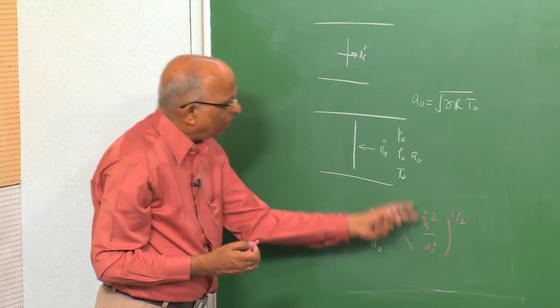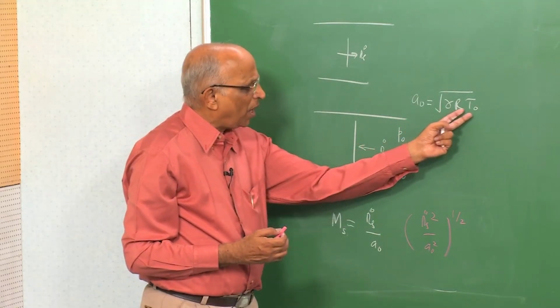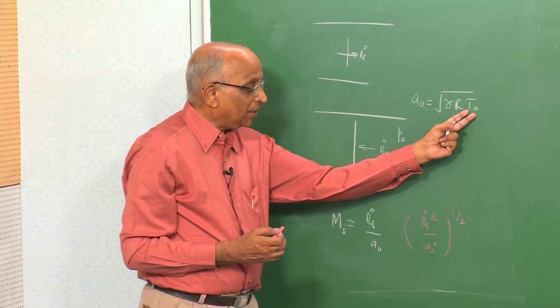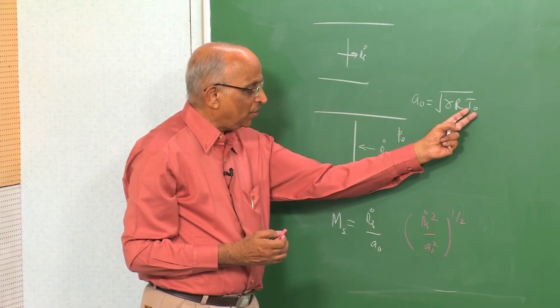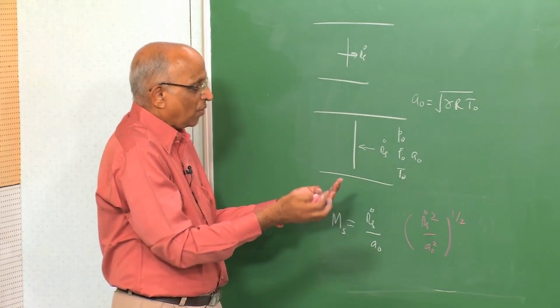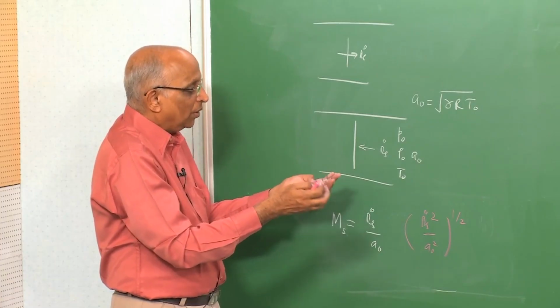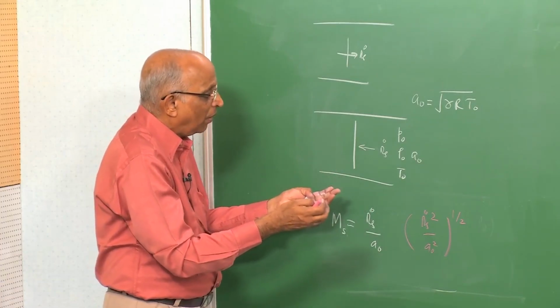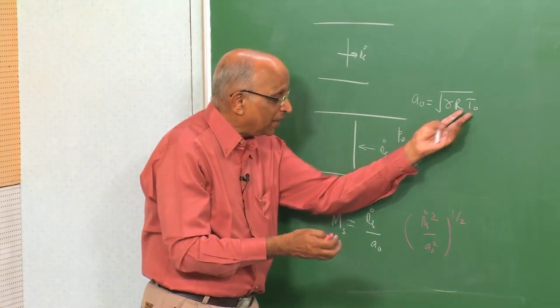A0 square, we found, is equal to gamma R T0, the initial temperature. T0 tells me the temperature of the gases, or the level of the molecular energy which is available, something like an internal energy of the gas.